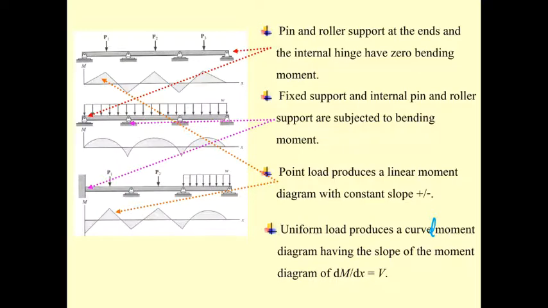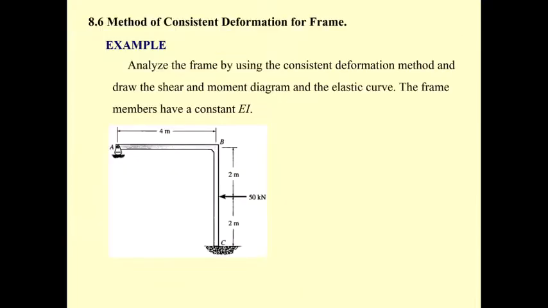The result from hand calculation and from the substructure must be equal. There may be a small difference, but most of the time the small difference is small enough to let them be equal. That is the end of the method of consistent deformation for the beam. Next we are going to go to the method of consistent deformation analysis for the frame. Now, this is the end of this clip.